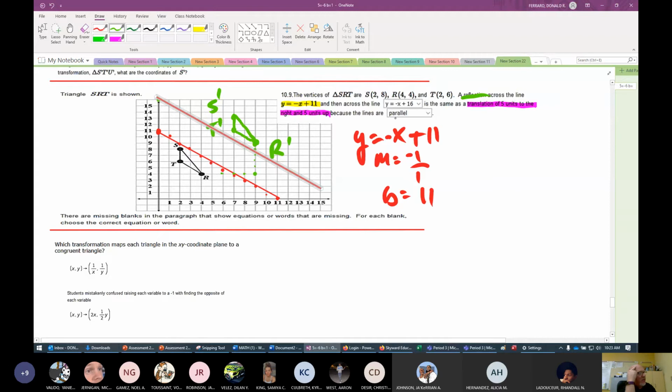The reason why that works is because we are moving perpendicular here, 5 units to the right, 5 units up. So again, we've got a slope of -1, and because we're doing 2 reflections, we're going to have a slope of 1, and that was the 5 and 5. So that's how that works.